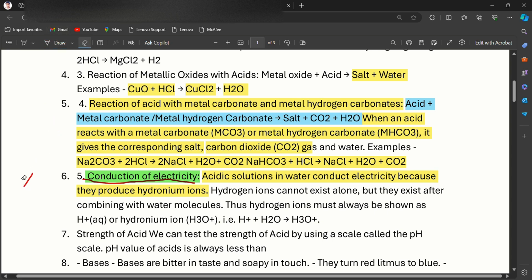ओके, सॉरी गाइस. तो ड्यू टू हाइड्रोनियम आयन, that is the formula of hydronium ion, and this is the reaction of hydronium ion. So due to hydronium ions you get the conduction in acidic water.